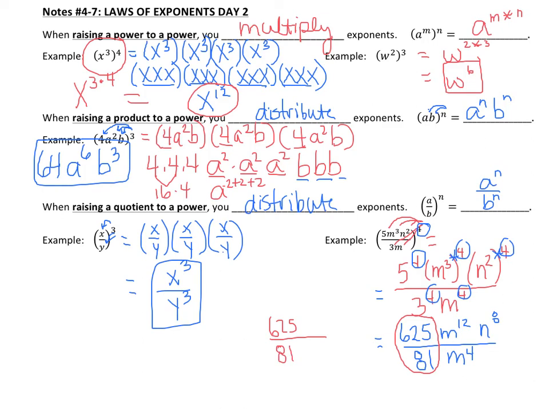Now the m to the 12th divided by m to the 4th, we're going to take 4 of these m's and subtract it from that exponent. So that's going to be m to the 8th. Remember from our previous lesson, when you're dividing, you're going to subtract the exponents. And then n to the 8th doesn't have anything to be simplified with, so that's just going to stay on the top. And this is your final answer.